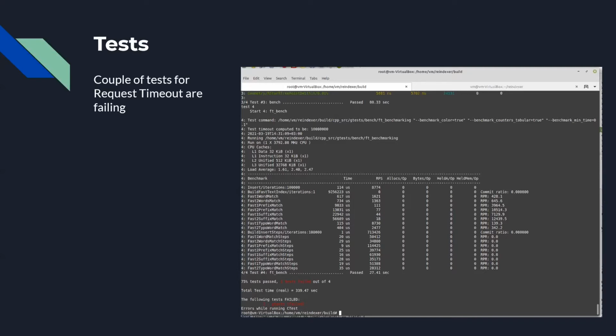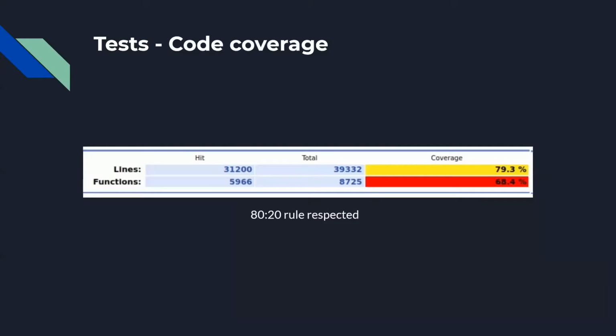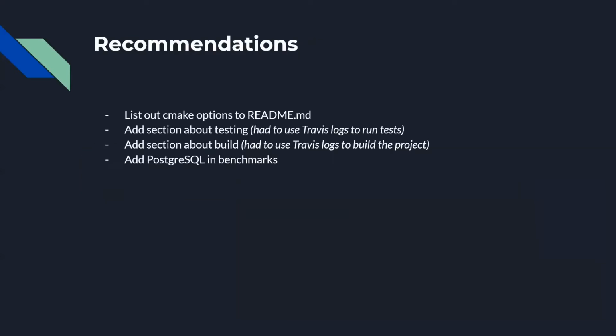Okay, go forward. We've done the coverage, and it's pretty good coverage since it satisfies the rule of 80-20. So it's okay, nice. And here is a list of overall recommendations from us about the project.